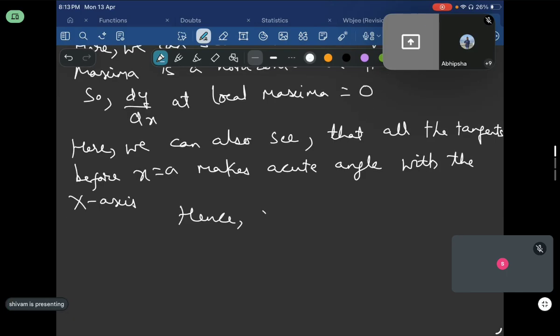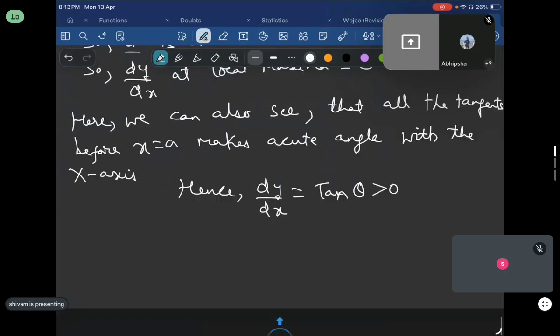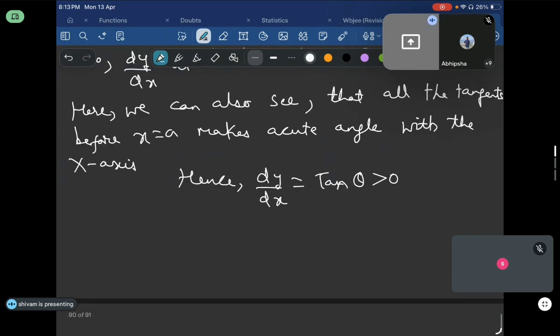Hence, dy by dx will be equal to tan theta, which will be greater than 0, before a. Or you can write it for x less than a.